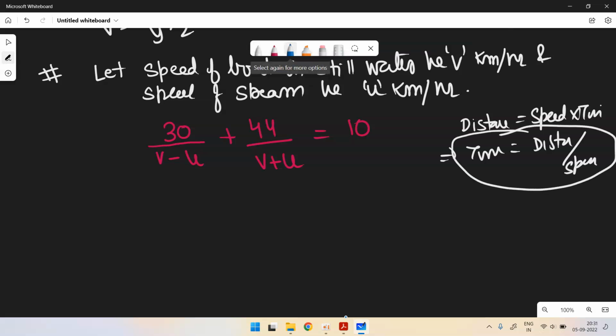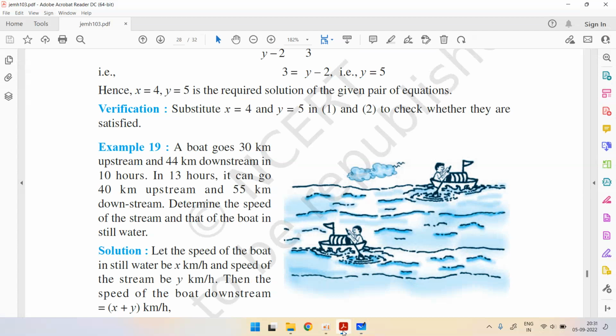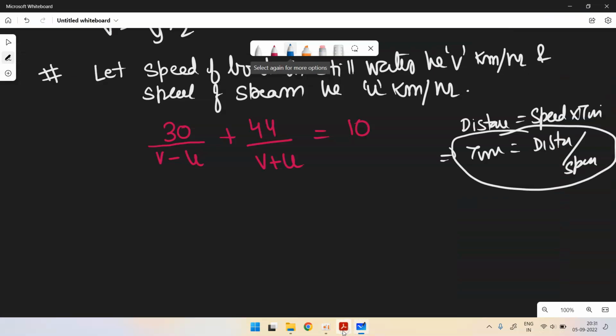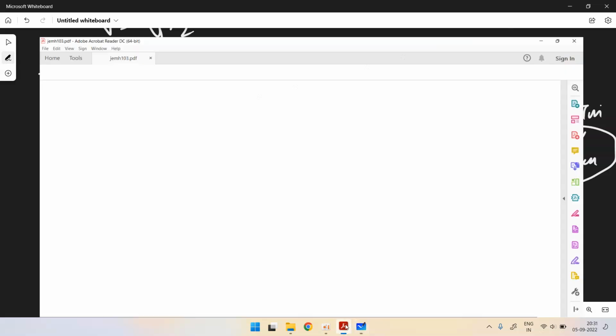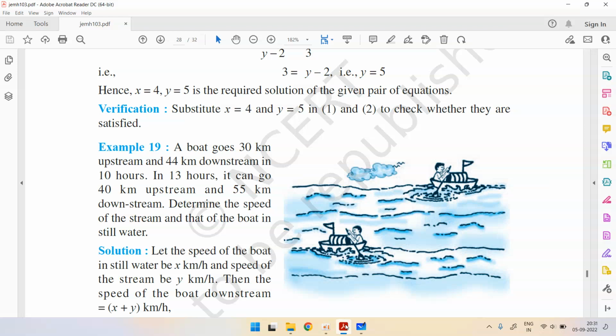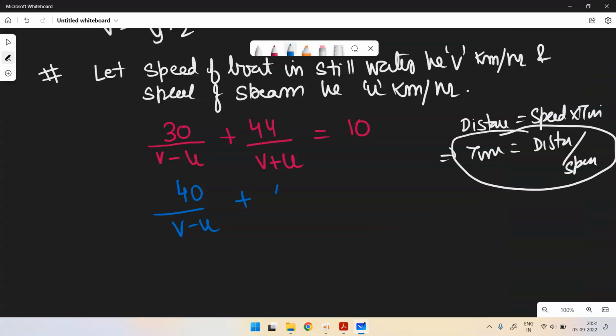Now coming back to the question, in 13 hours it can go 40 kilometers upstream. Upstream is always the difference of the speeds. And 55 kilometers downstream, in 13 hours.